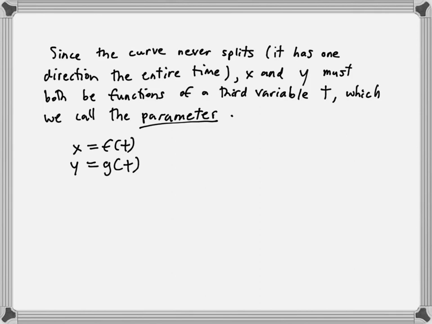A lot of times what I will do is, instead of writing f of t, I'll write x of t and y of t, just because I don't like to introduce extra letters where they're not needed, right? So x and y themselves can be thought of as the functions, but the point is that they both are going to depend on t. Okay, how do we write this in vector notation? So this would be in parametric notation.